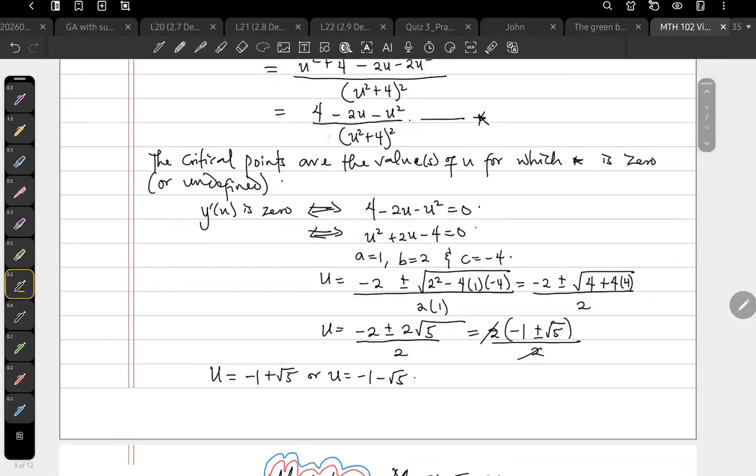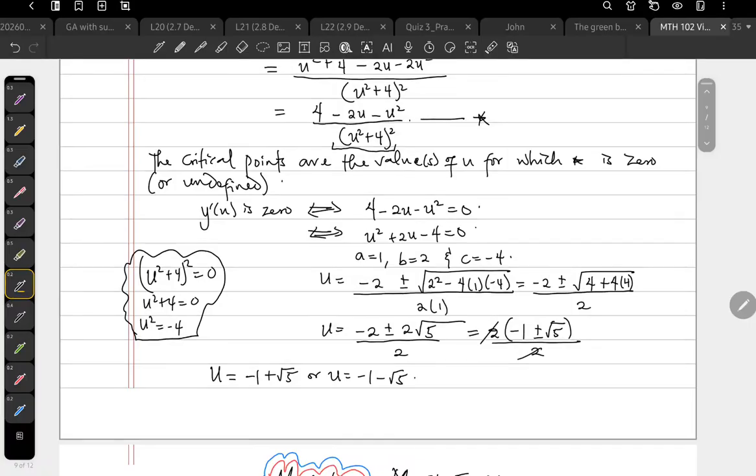But when you look at this denominator, u squared plus 4 squared, there is no value of u for which this is 0. Taking the square root of both sides, u squared plus 4 equals 0, so u squared is equal to -4. And because we are dealing with real numbers, there are no values of u for which that will be satisfied.